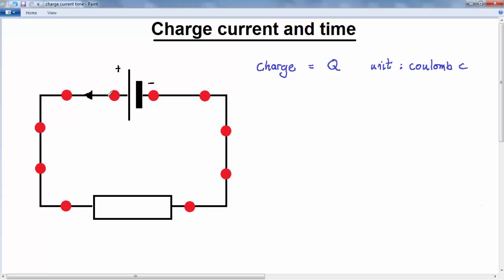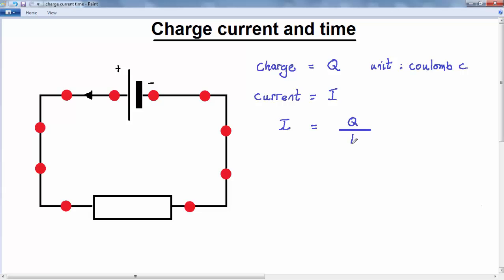So we can look at this diagram as coulombs of charge which are flowing around the circuit, and we can say that the flow of this charge around the circuit, that's to say how much charge flows per unit time, is called the current, which is given the symbol I because it used to be known as the current intensity.